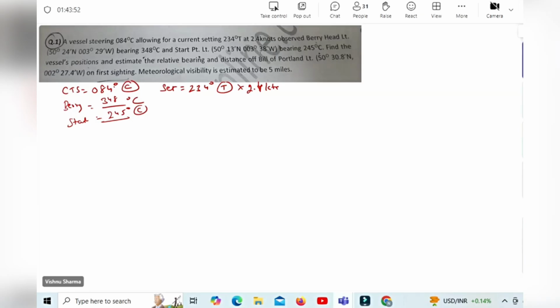Observes Berry Head bearing so much and so much. Okay, fine. Find the vessel's position and estimate the relative bearing and distance of Bill of Portland on first sighting.